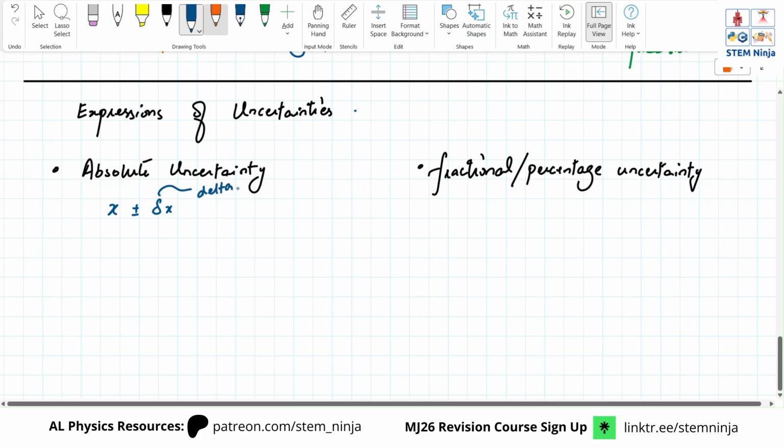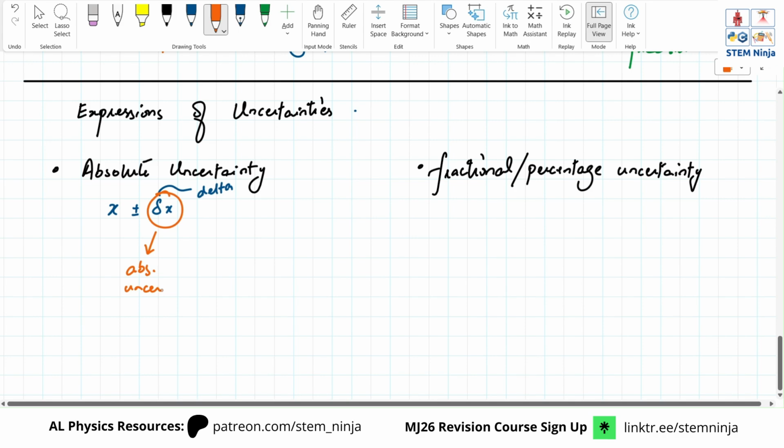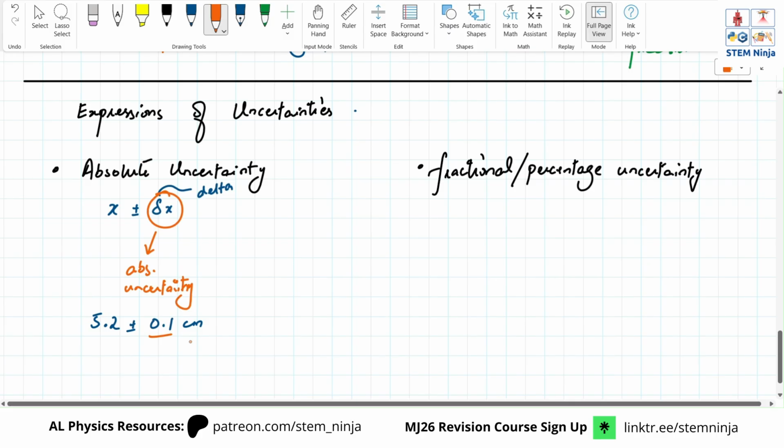It means change or a small deviation. So this thing is our absolute uncertainty. For example, 5.0 plus minus, let's say 0.1 centimeter. Let's say this is, for example, 5.2. 0.1 would be the absolute uncertainty.